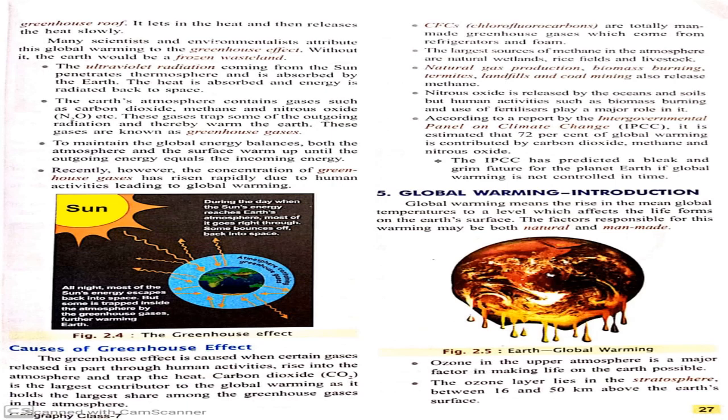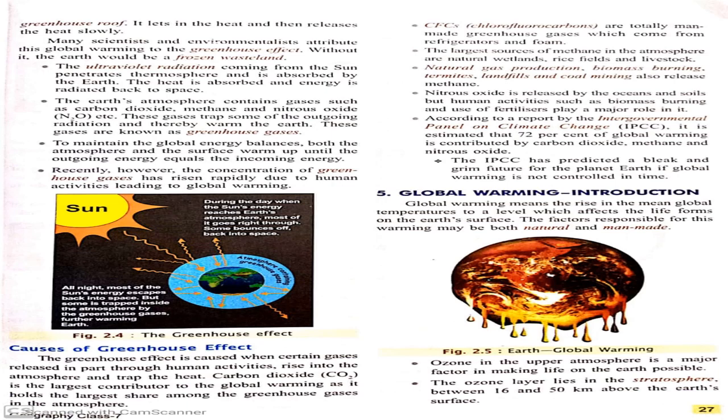Now talking about methane, which is present in the atmosphere, the largest sources of methane in the atmosphere are natural wetlands, rice fields, and livestock. Okay, natural gas production, biomass burning, termites, landfills, and coal mining also release methane into the atmosphere.